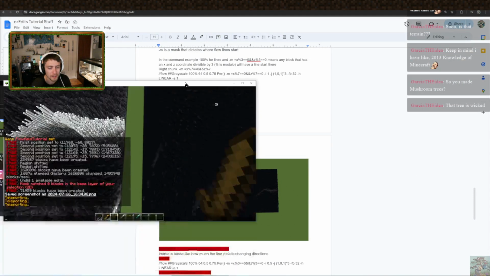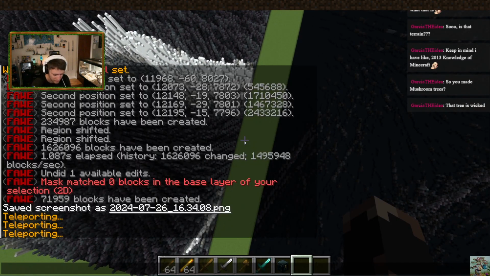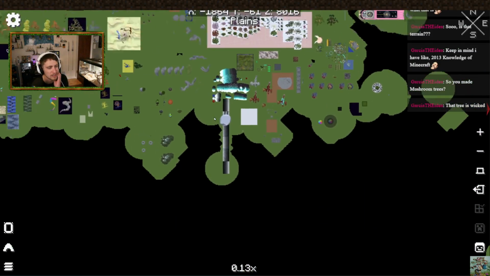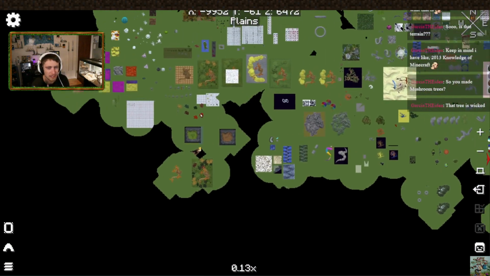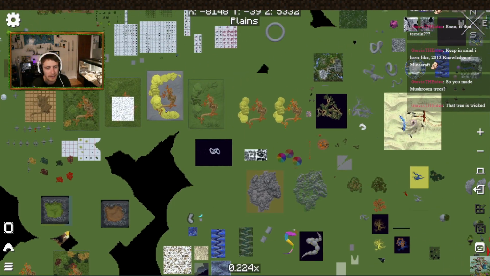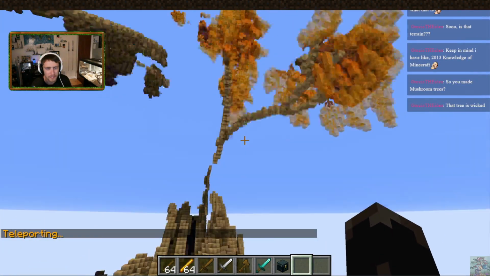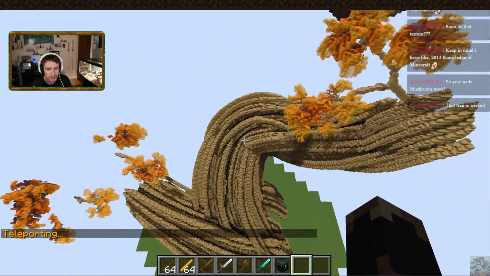Let me show you a really cool tree that I actually made mostly with ezEdits, except for the smaller branches. Again, I just use schematic brush because that's still the best way to do it, since I can't scatter them. But this variation of it is almost entirely ezEdits.